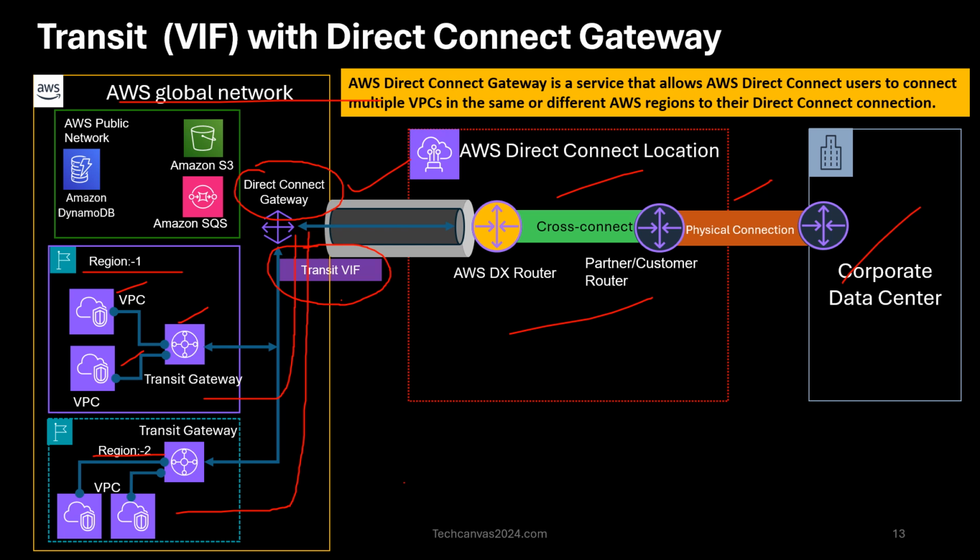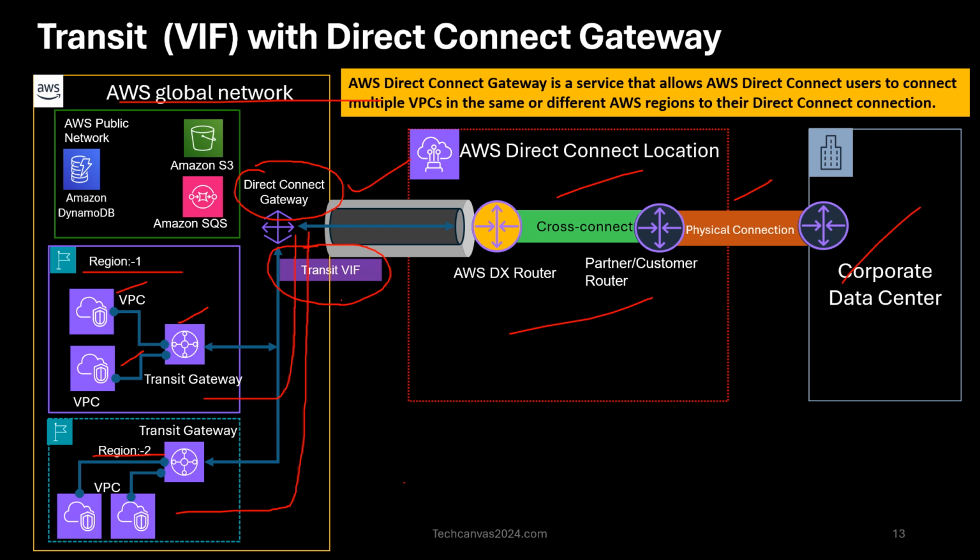The transit gateway is connecting to the Direct Connect link using a transit VIF and Direct Connect Gateway. You can use a transit VIF with any AWS Direct Connect hosted or dedicated connection of any speed. That is a big flexibility when you're using Direct Connect Gateway with a transit VIF. With the transit VIF, you can connect multiple AWS VPCs.